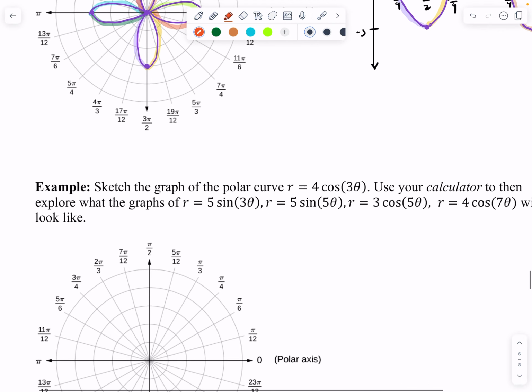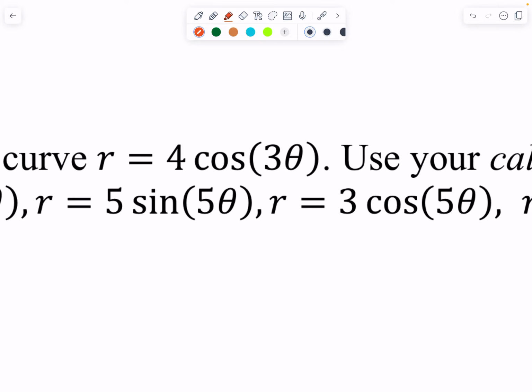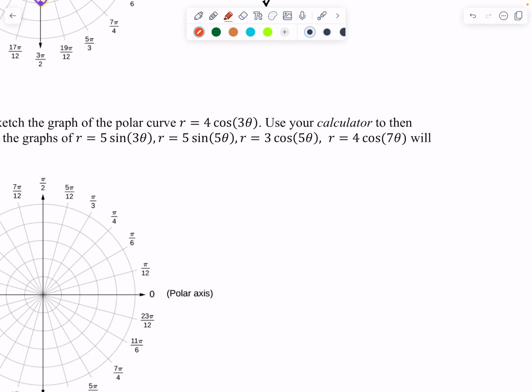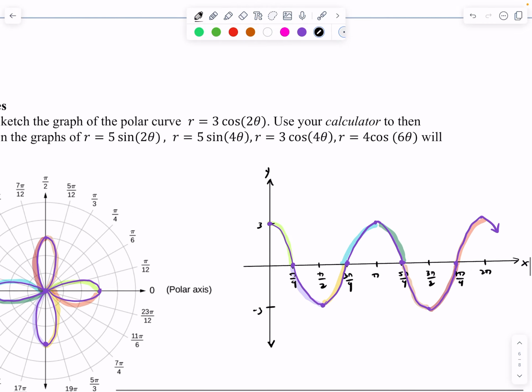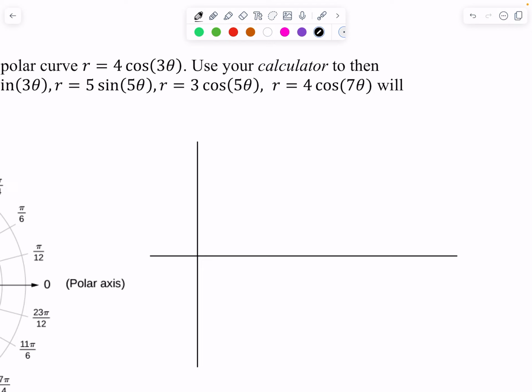So let's do one where we're still going to do cosine, but let's do this equation and see what happens. Now theta is being multiplied by a different value. You can even pause this video and try this on your own first if you want.